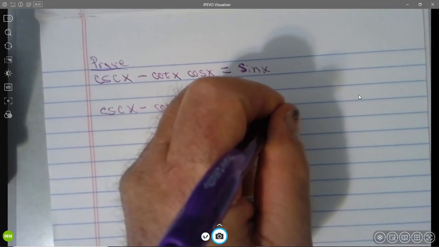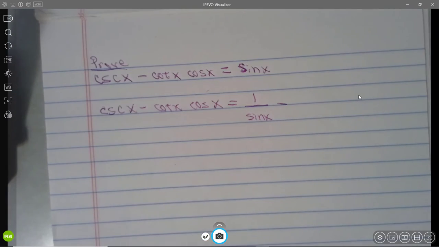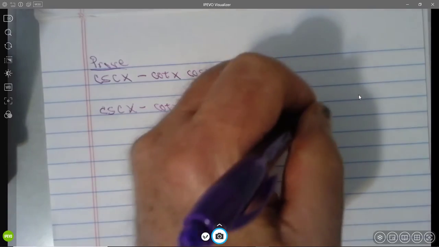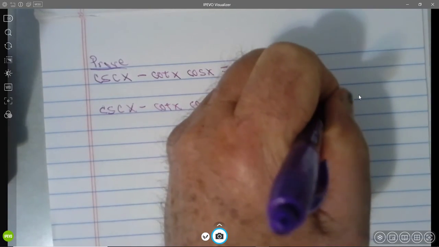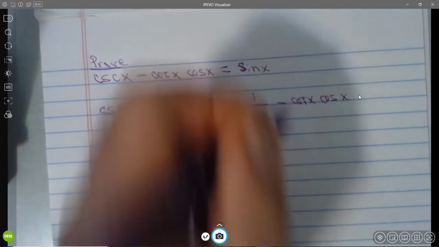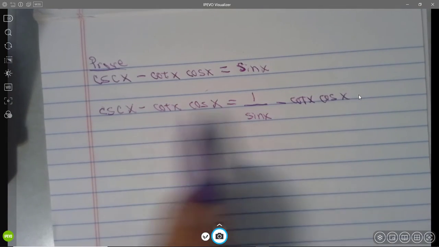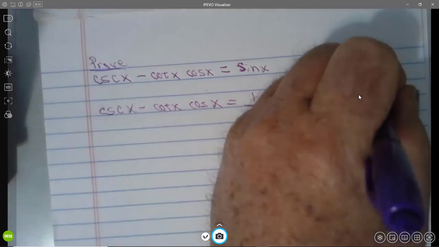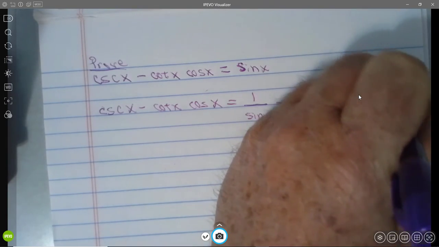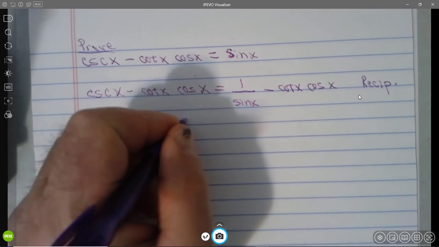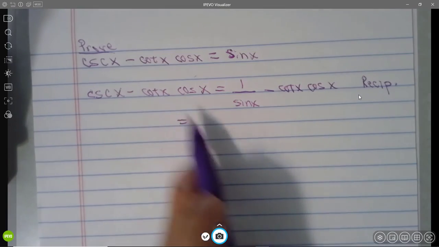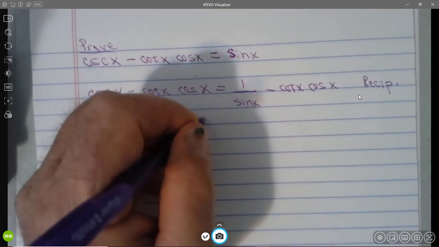And minus cotangent of x, well, I could convert that right now, but that would then be a different reason. So I'm just going to convert that first one right now, and that's reciprocal identities. And I'll just abbreviate that.